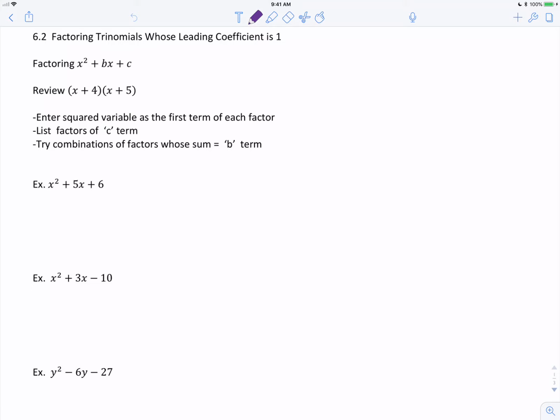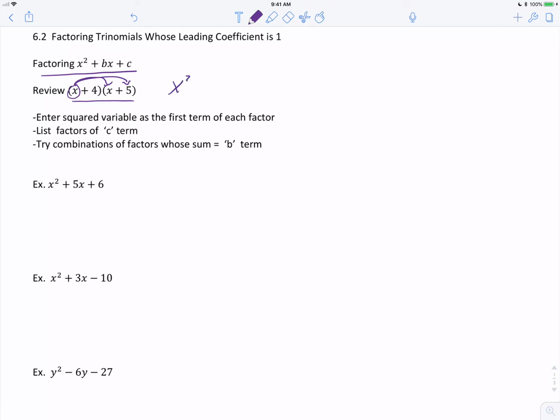All right, so we're going to learn to factor a trinomial that's in the form of x squared plus bx plus c. So remember that when we had two binomials like this and we multiplied them out, we would take the first term and multiply it by everything in the second term.